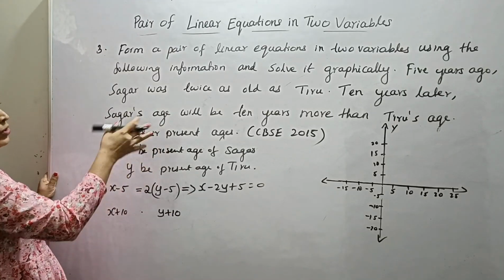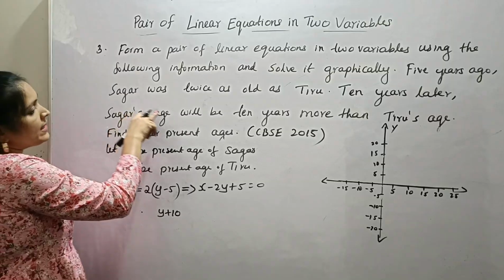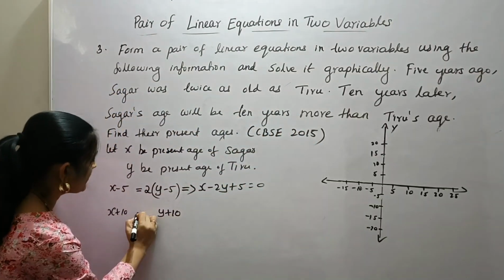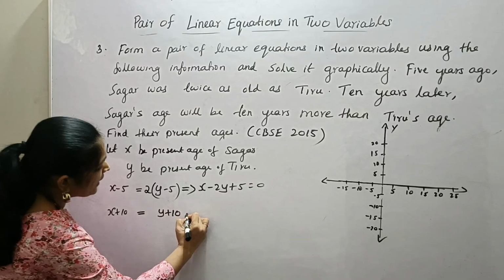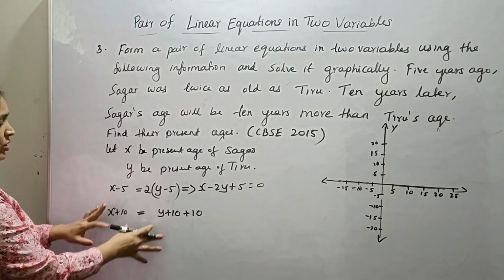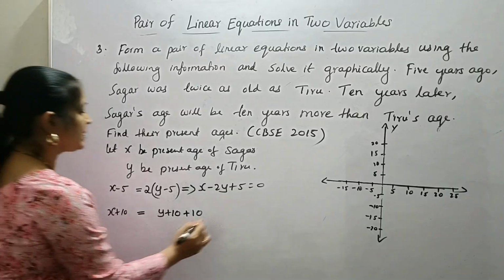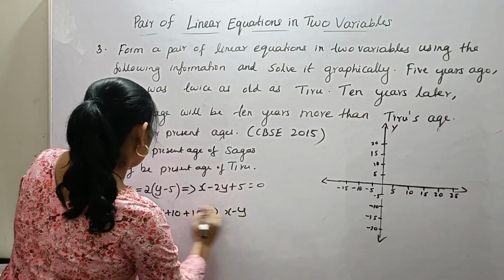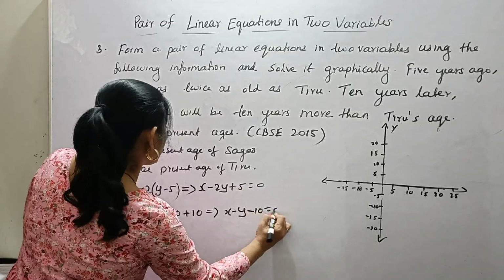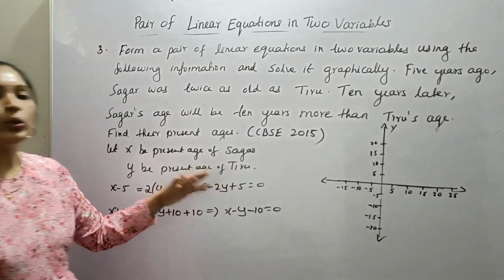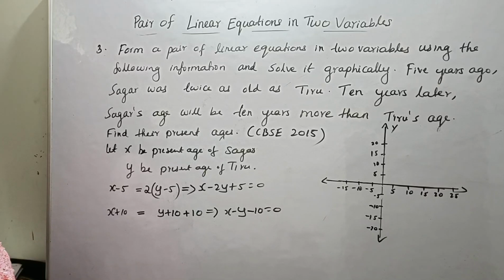And the relationship between their ages: Sagar's age will be 10 years more than Thiru's age. Okay. Now it is the equation. Here 10 cancelled. This implies x minus y minus 10 is equal to 0.